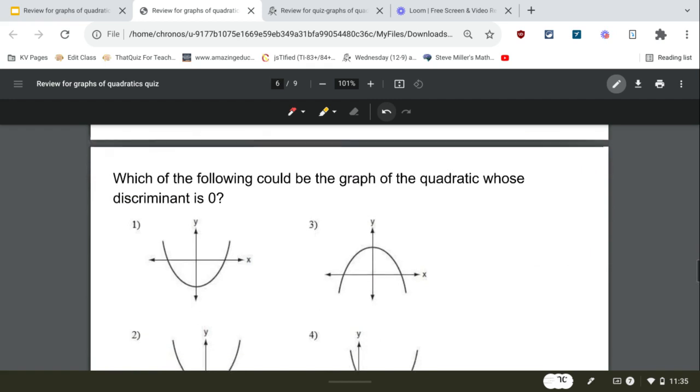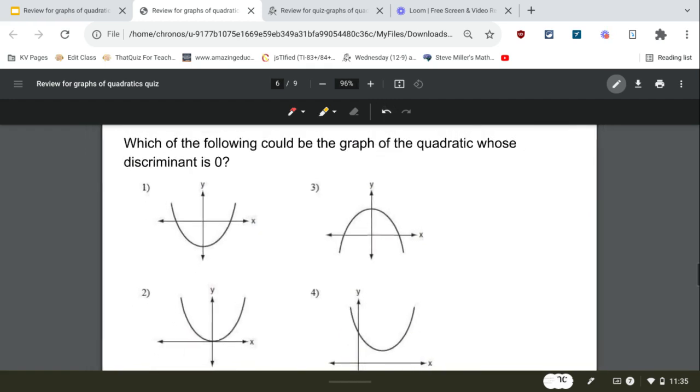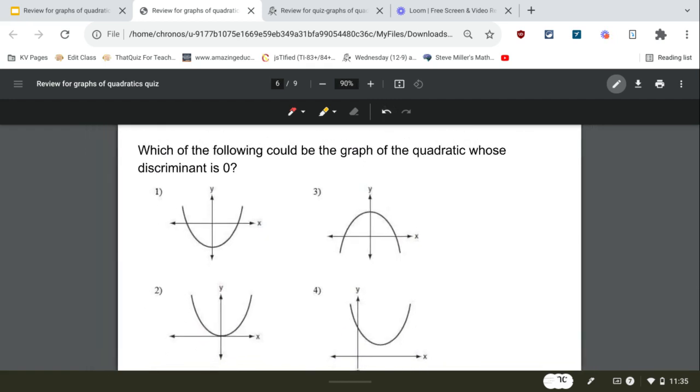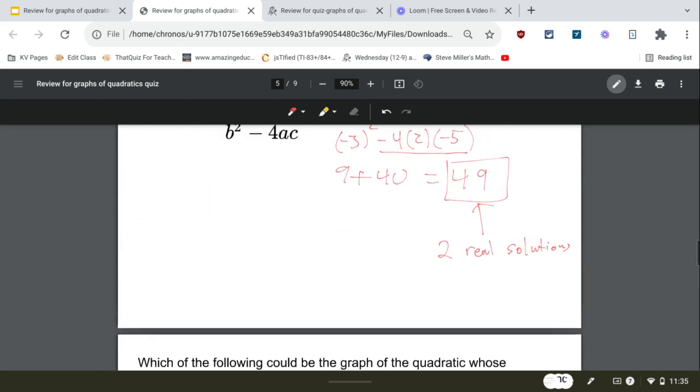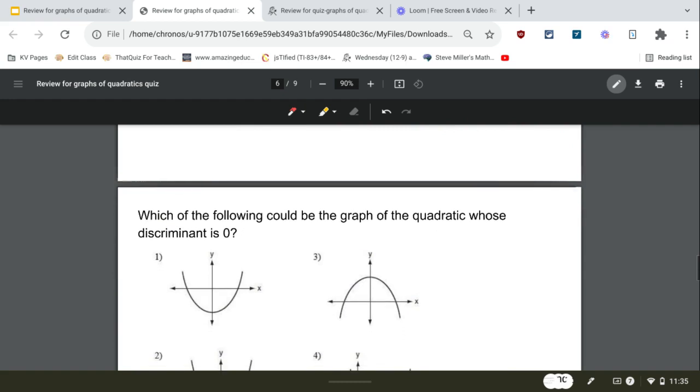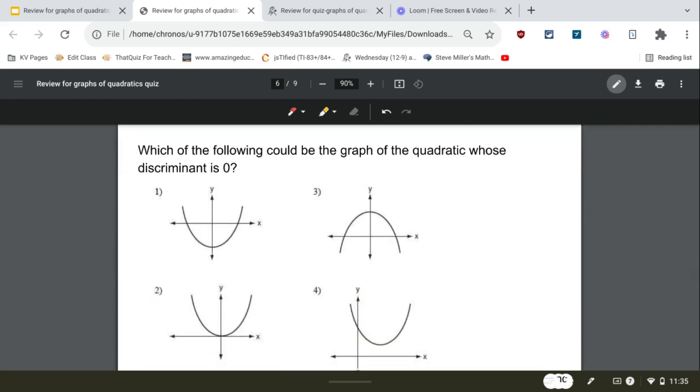All right, which of the following could be the graph of a quadratic whose discriminant is 0? If the discriminant is positive, here we had positive 49, there are 2 real solutions. If the discriminant is equal to 0, this means that there needs to be one real solution.